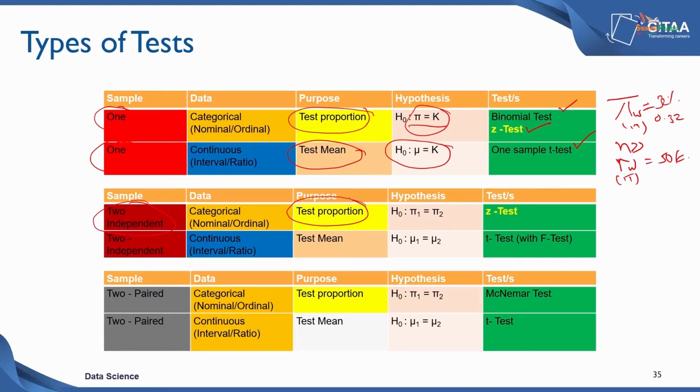So you can take samples of all workers from both these industries, and then your null hypothesis is that the pi of women in the IT industry is equal to the pi of women in the manufacturing industry. Here it's not a value that you are checking the pi against, you are checking one pi equal to another pi. So pi 1 equal to pi 2 is the kind of hypothesis that you are using. Again, with large sample sizes, you can use a Z test.